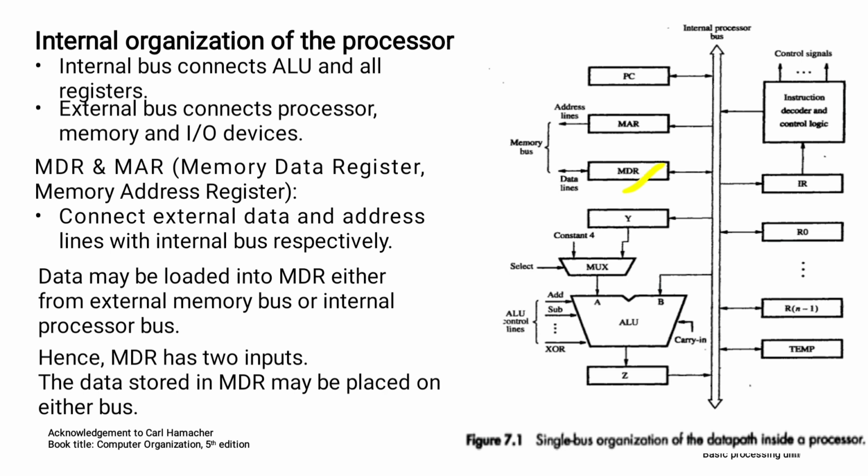So if this is MDR, the memory data register, it can be loaded from the internal bus or from the external bus from the memory. Hence MDR has two inputs. The data stored in MDR may be placed either on the internal bus or on the external bus.